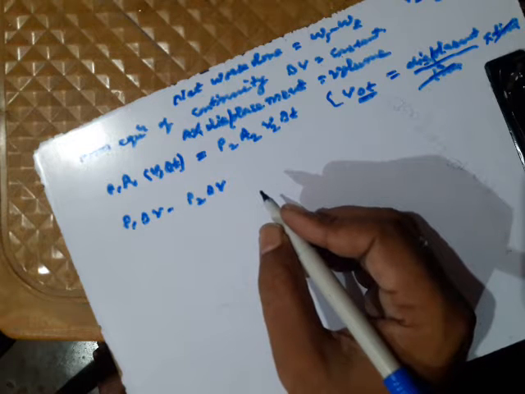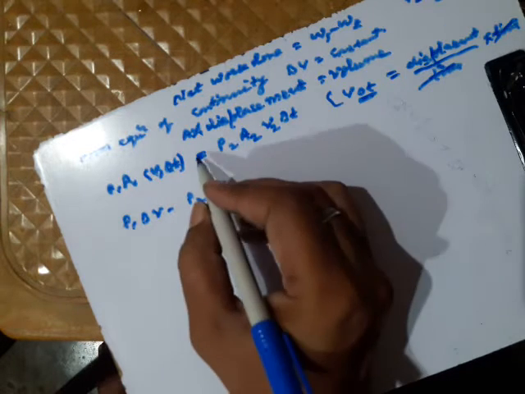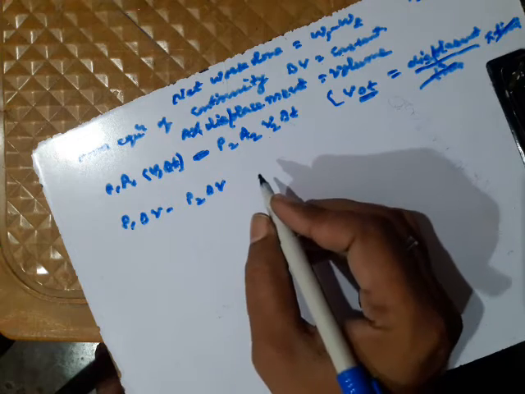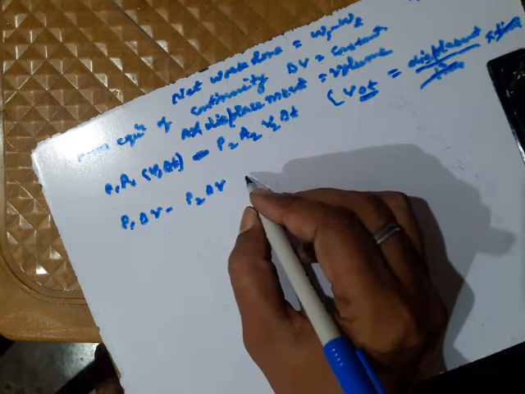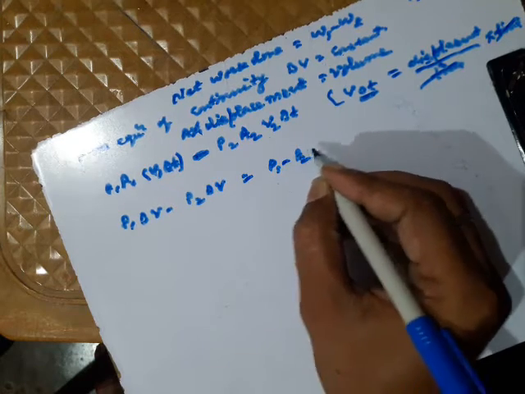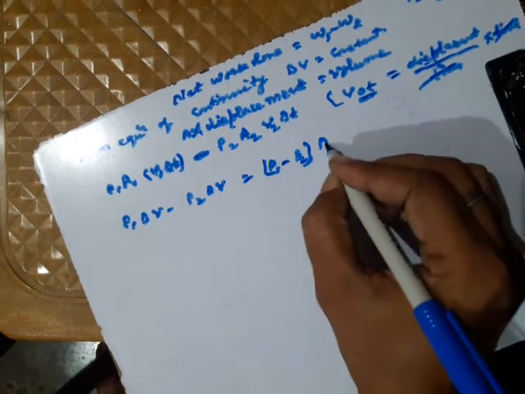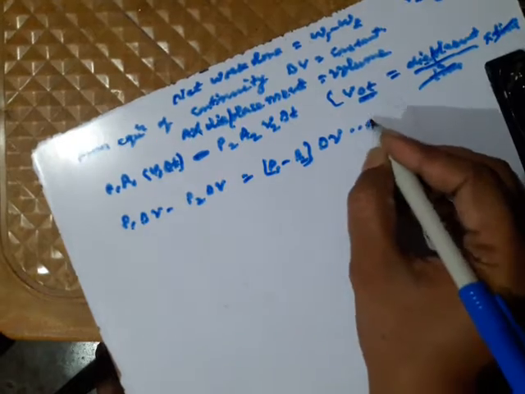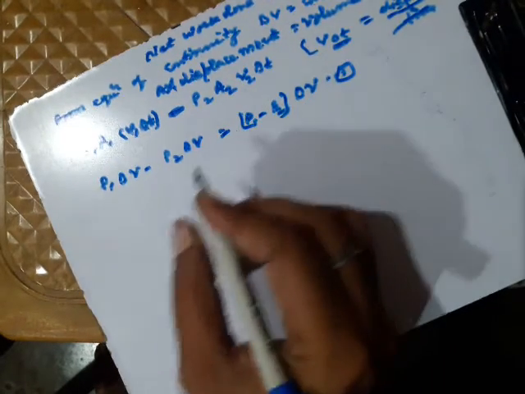You will get P1 minus P2 into delta V. That is equation first.